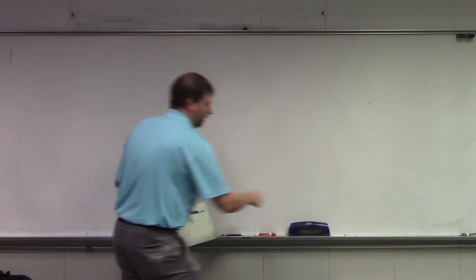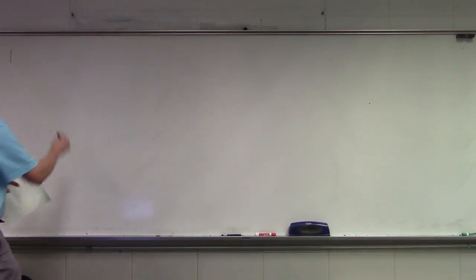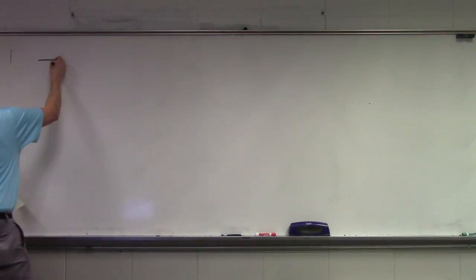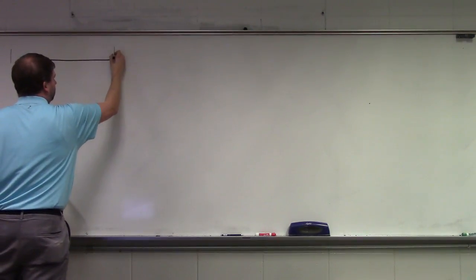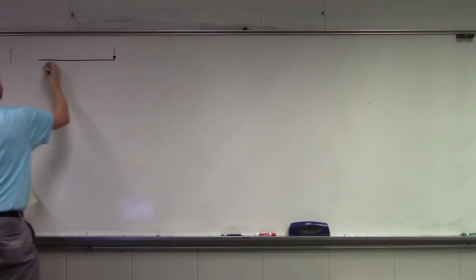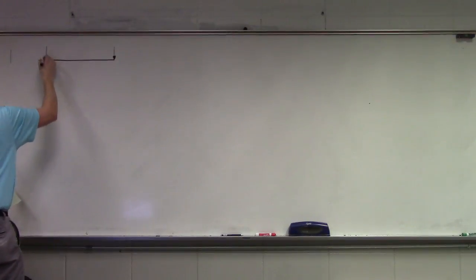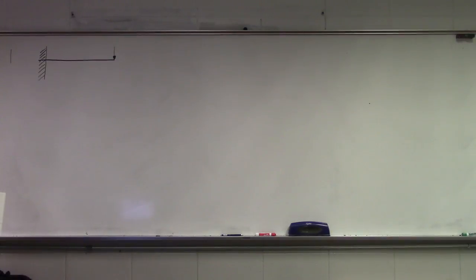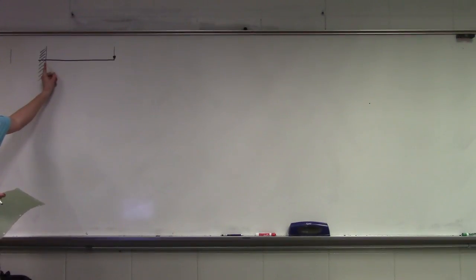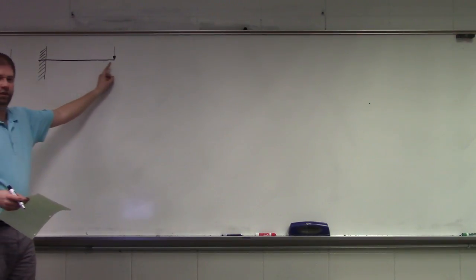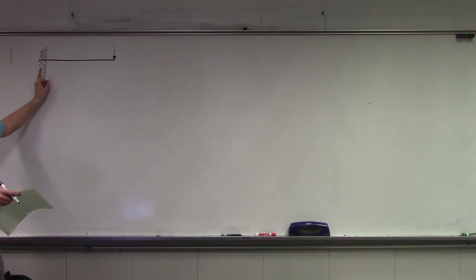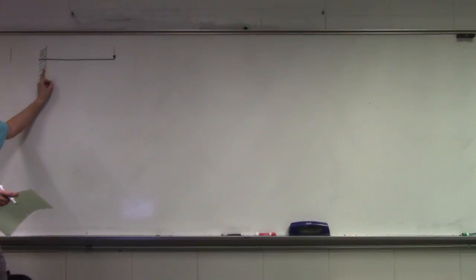If I put a force out here and I anchor it into the wall, where are my reactions? At the wall, right? So are there any other forces acting in the opposite direction along the length of this beam? So there is going to be no shear at zero. Right, because you can't have shear going through that hole.